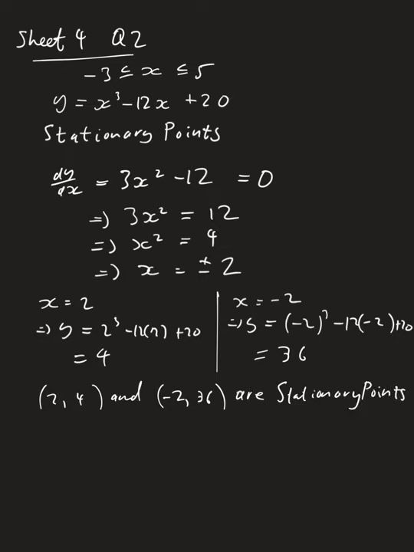So those two stationary points are candidates for the absolute max or absolute minimum, or the least and greatest values of that function. The other two possibilities are the endpoints.